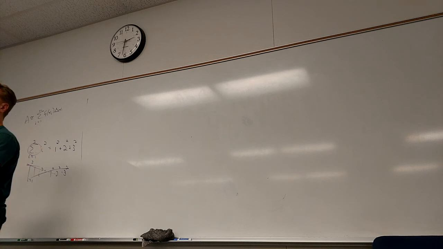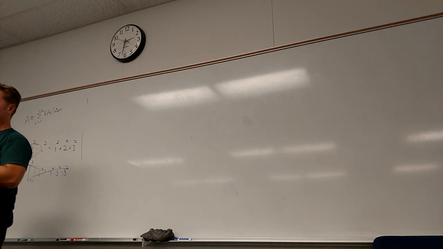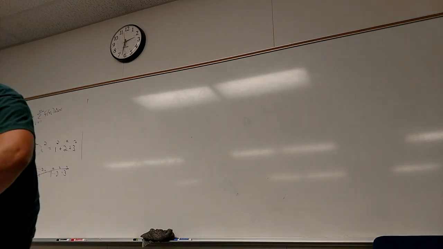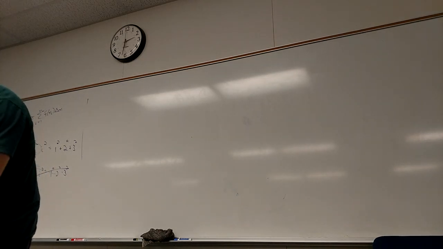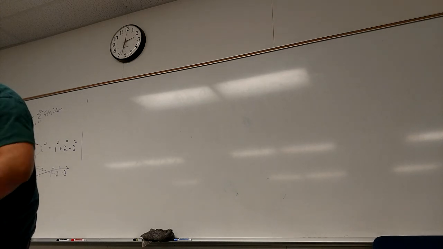Change it to infinity. Well, we don't have to go that far. If I made it 10 rectangles instead of 6, I would get a better answer. And if I made that 20, I'd get an even better answer. So that's the series of images in the book.